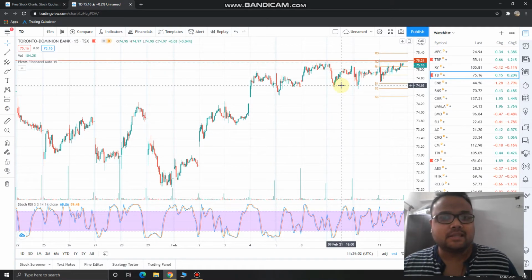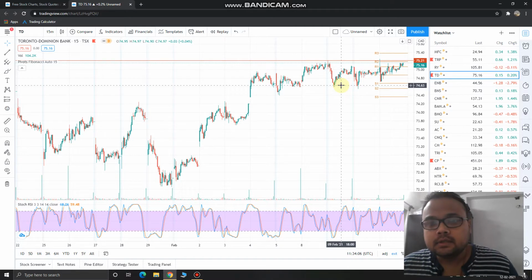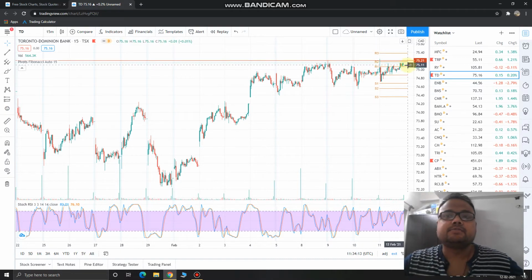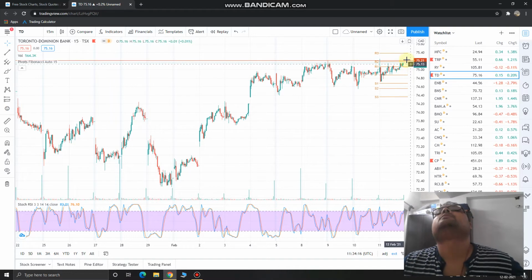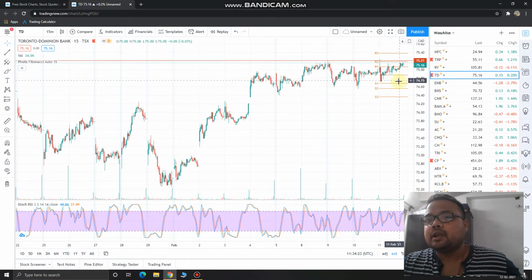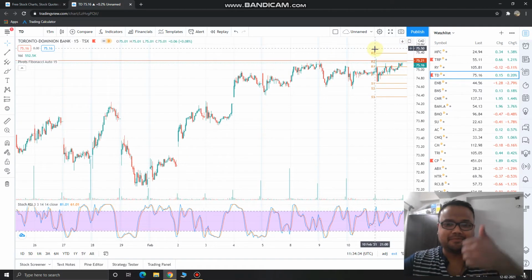So right now it's almost at the resistance level, so it will be very important to see what happens. There is a high chance that after reaching this particular level it may go down, and if it goes down, you can short the market. If you short the market, your target will be 74.73, and if it gives a breakout after crossing this particular level, then you can go ahead and buy.